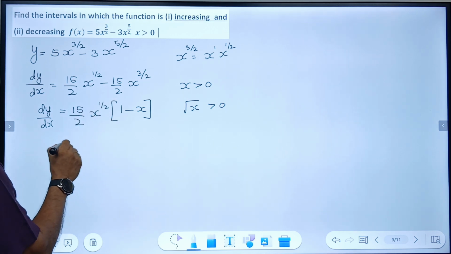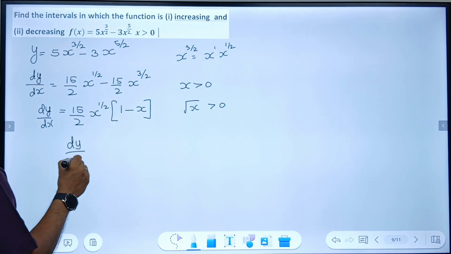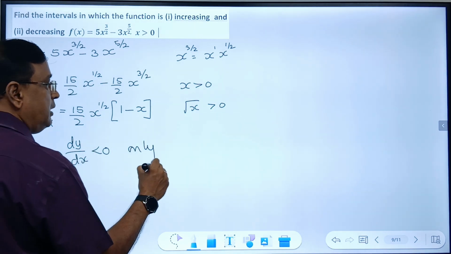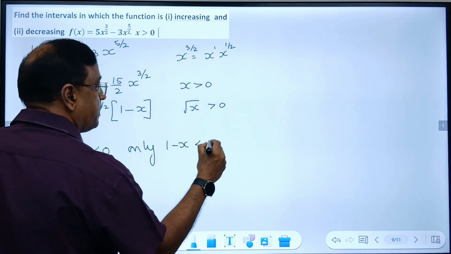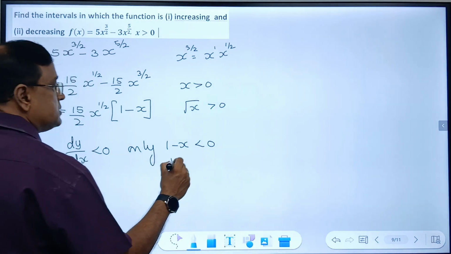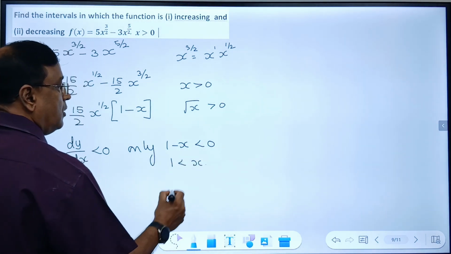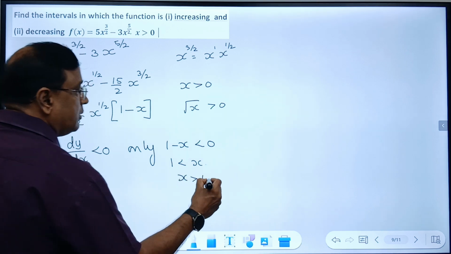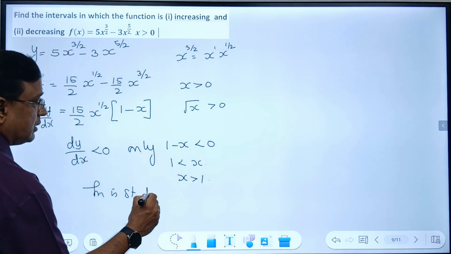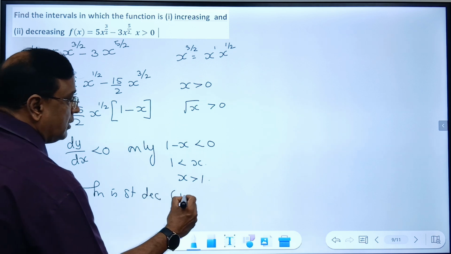So whether dy/dx is negative or positive will be decided only by 1 minus x, correct? So what do I get? 1 is less than x, or x is greater than 1. Therefore the function is strictly decreasing where? In (1, infinity).